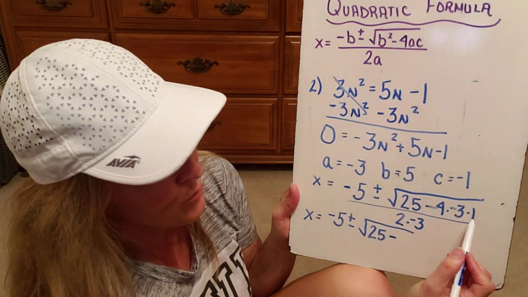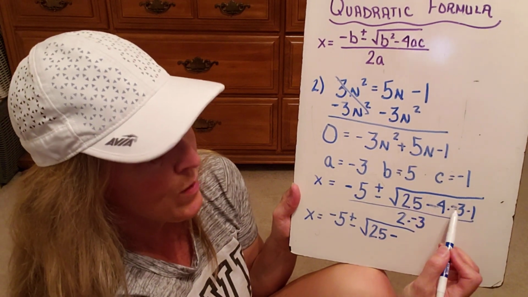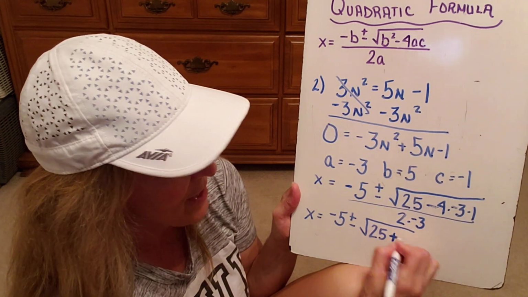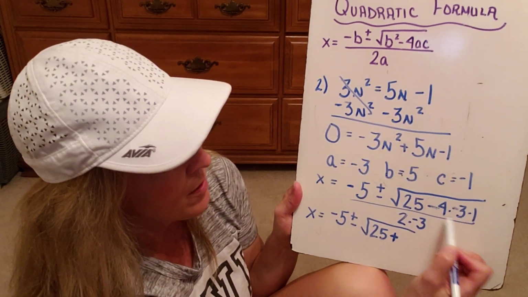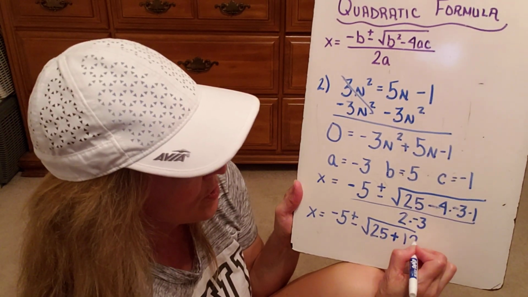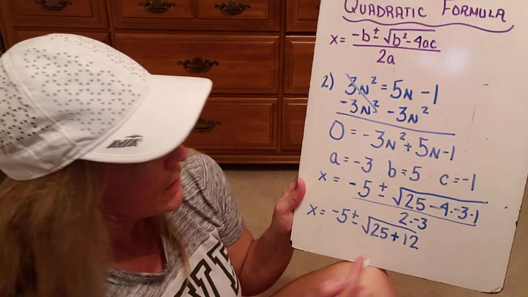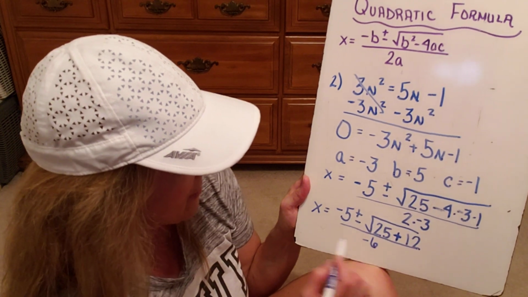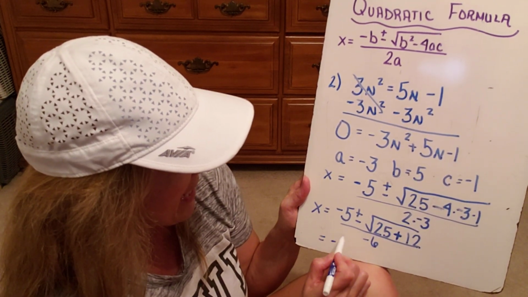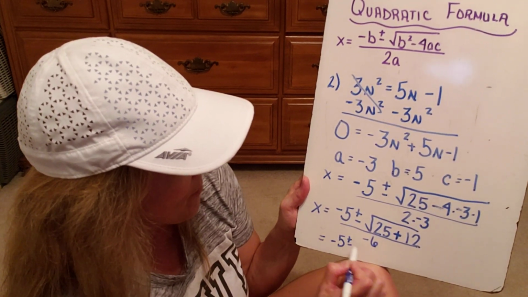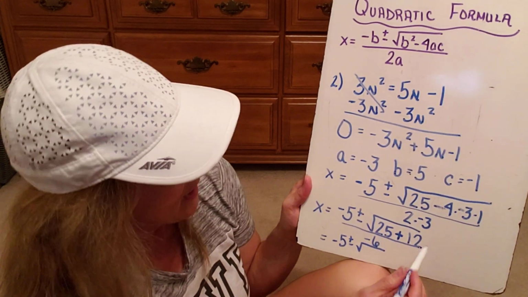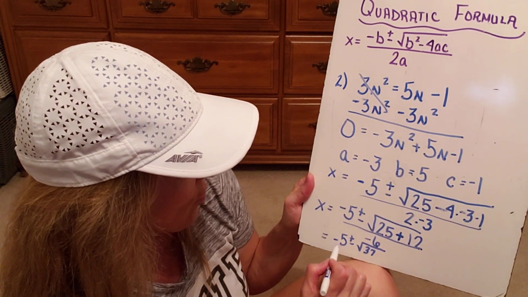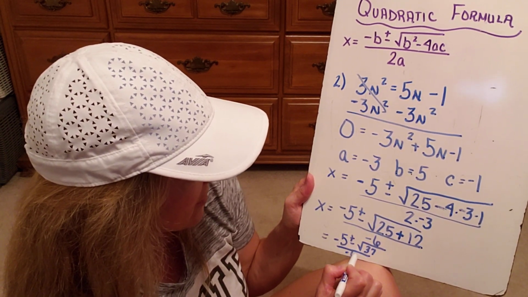If one of your terms is negative, then when you subtract a negative number, it's going to end up being an addition sign right here. And you're going to be adding 12, 4 times 3 times 1. That is going to be divided by negative 6. So we end up with negative 5 plus or minus the square root of 37 over negative 6.